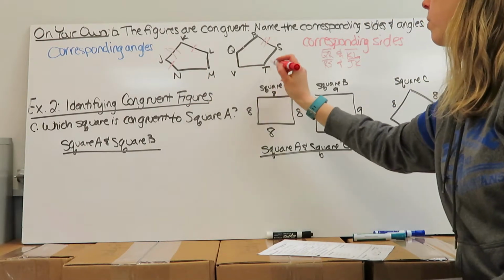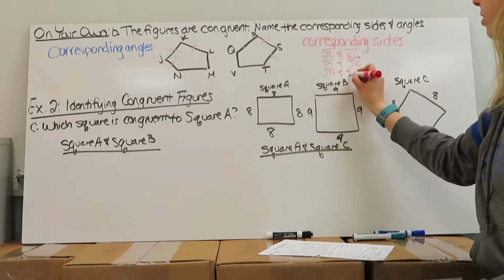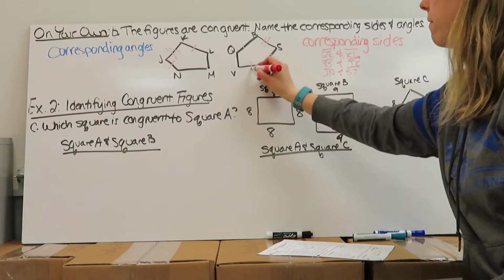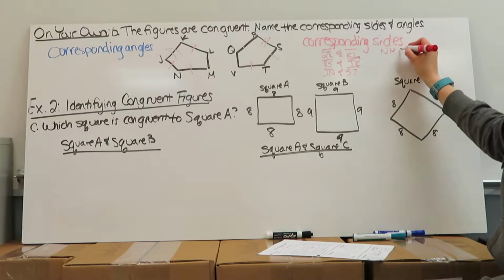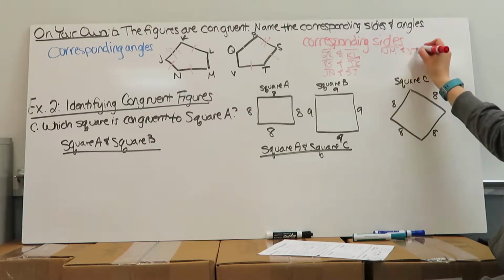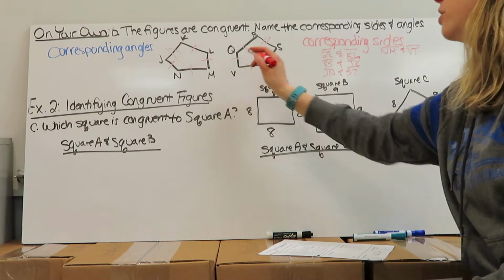JN corresponds to ST. Then we have VT, which corresponds to NM. And lastly, we have LM, which goes with QV.